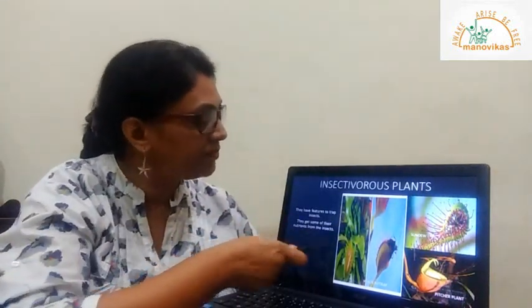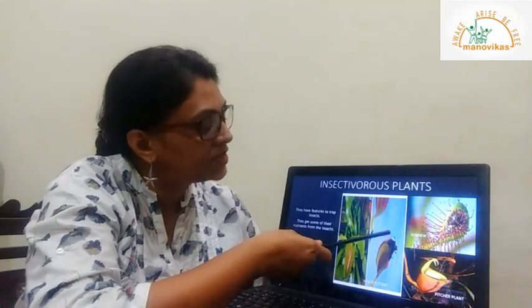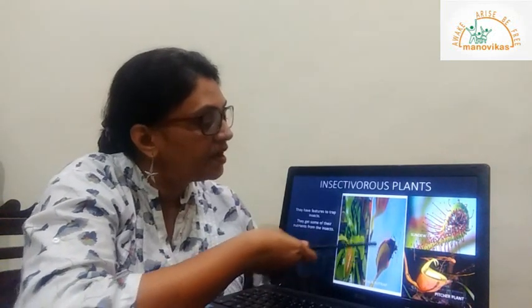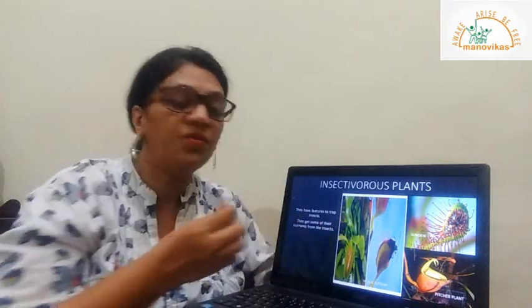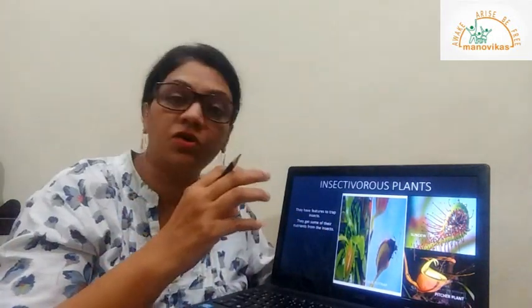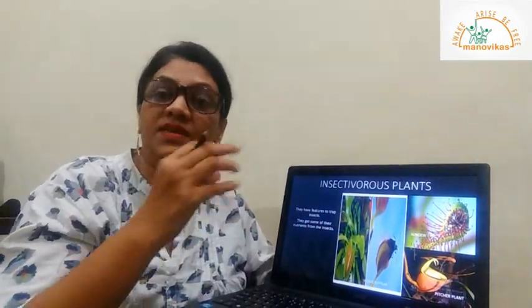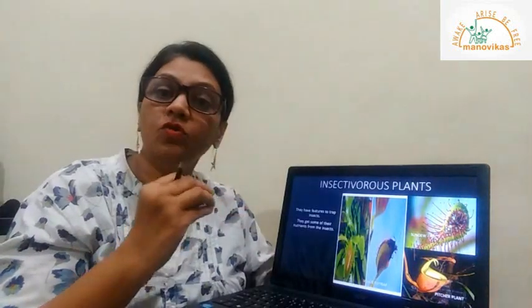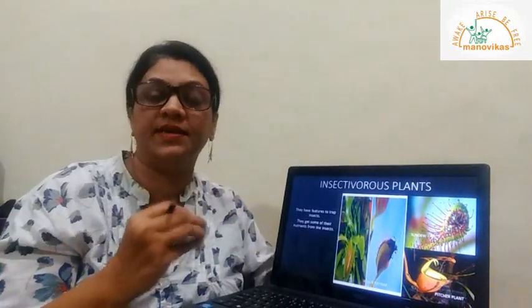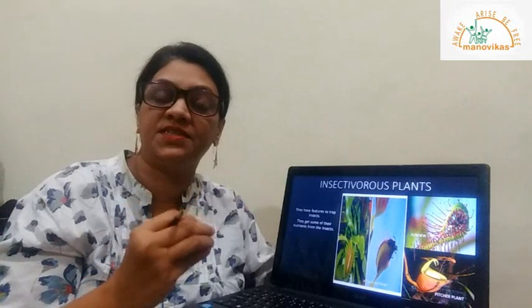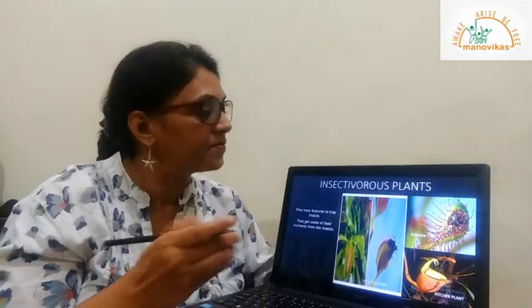This is the Venus flytrap. Can you see the leaves have hair on the margin? Now when an insect comes in contact with these hair, the leaf closes and traps the insect. The insect is then digested by the plant.